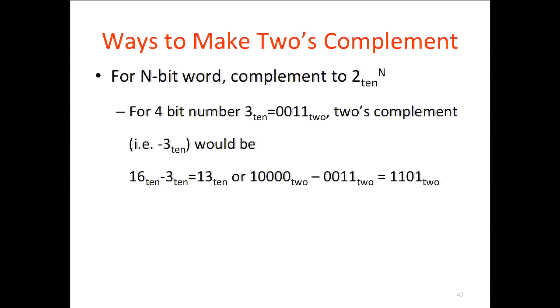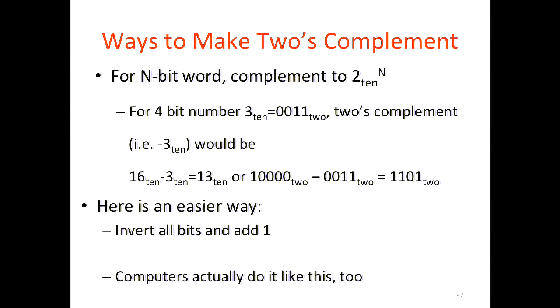Now, this is like, oh, this is crazy. Who's going to do this all the time, right? Well, there's an easier way, and this is actually how computers do it. When you go down to building an ALU and you want a subtractor instead of an adder, you would do it exactly this way. It's much simpler than this.